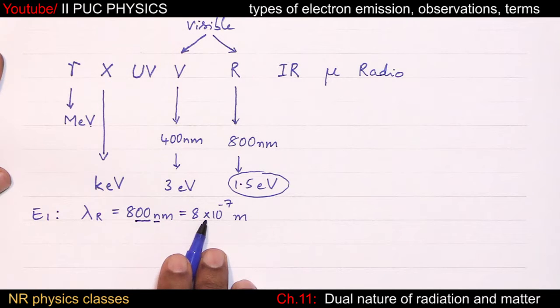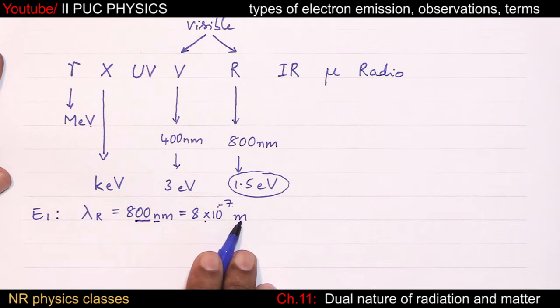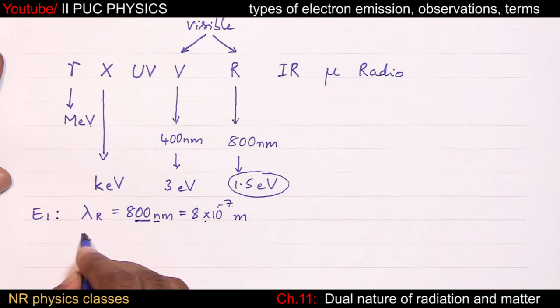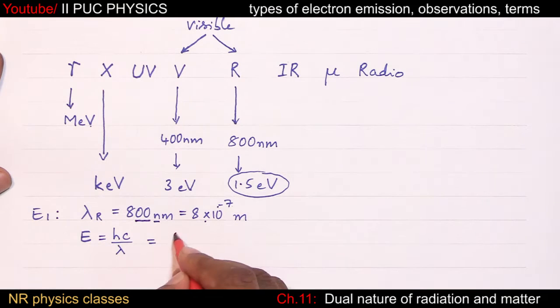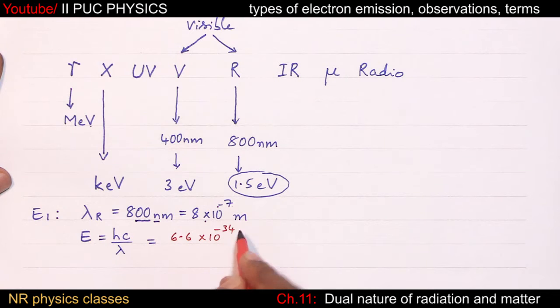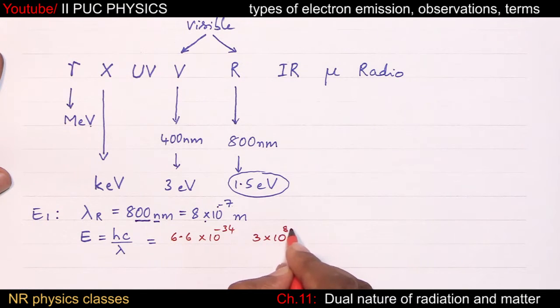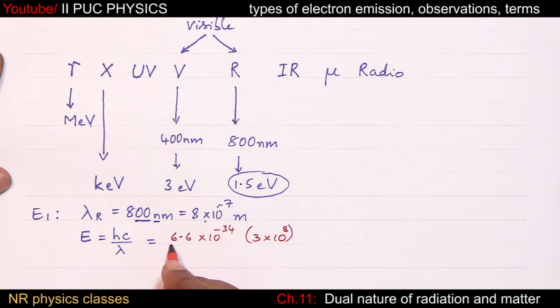Then energy of this photon, hc by lambda. h is Planck's constant, 6.6 10 to the power of minus 34 approximate value, 3 10 to the power of 8, this is speed of light in vacuum, by lambda. Lambda is 8 10 power minus 7.